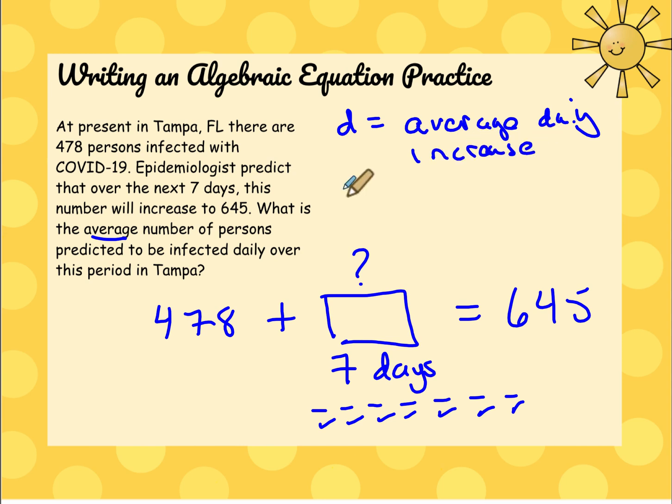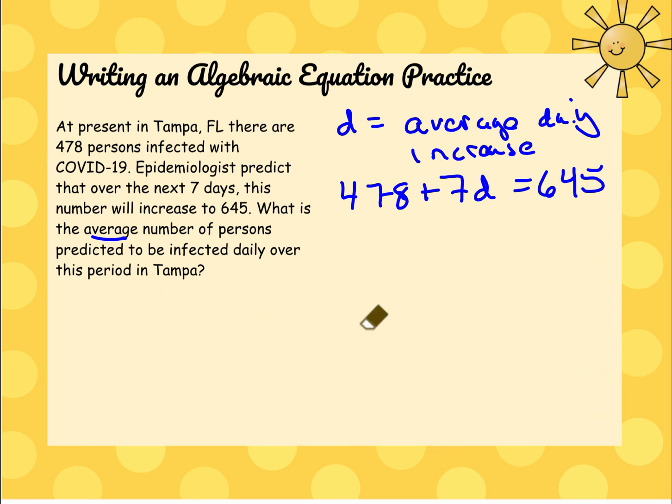And so my equation would be 478 plus 7D, since adding a number 7 times is the same as multiplying, and it's going to give me 645. And so now I can go ahead and solve it. So I'm going to subtract 478 from both sides. And when I do 645 minus 478, I get 167.